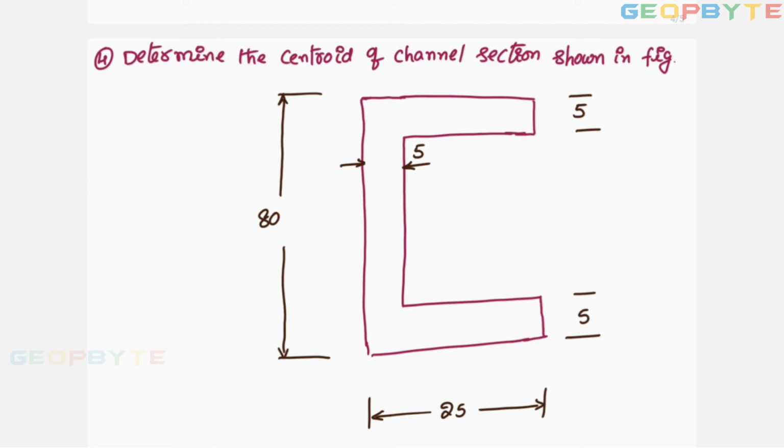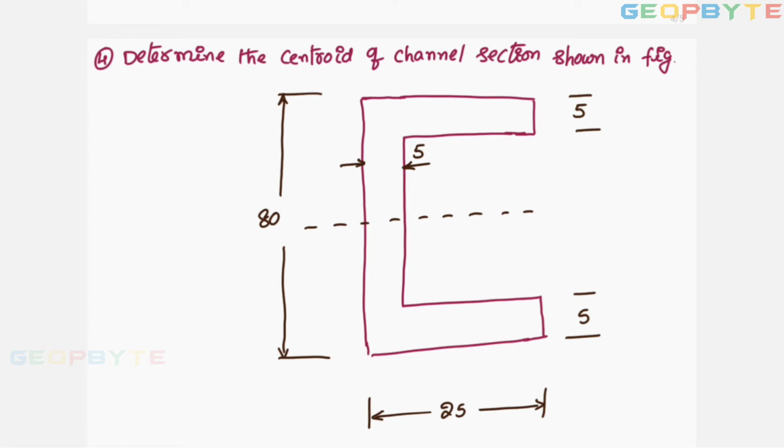Look at the channel section, also called C section. If you look at the C section clearly, it is symmetrical about the x axis. If I cut like this on that particular axis, you are getting equal sections.